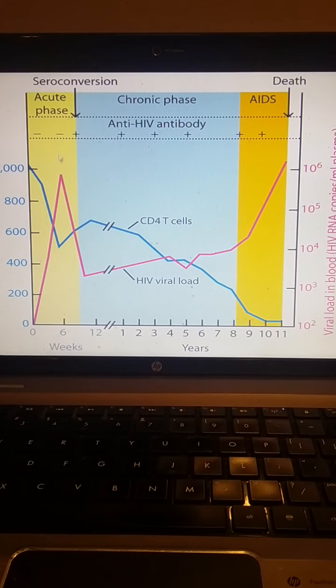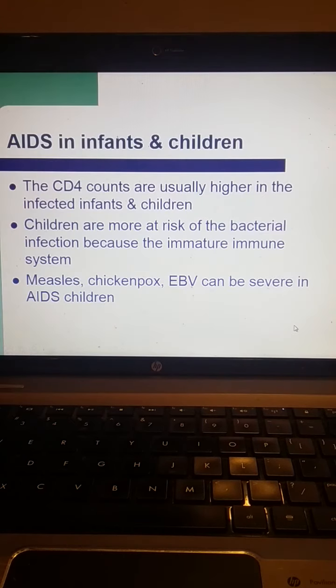We explained this, okay, in the acute phase the CD4 comes down but rises a little bit because you can still fight back, and the HIV load comes in and then decreases because it got killed by the T cells, and then slowly increases, and in the chronic phase slowly decreases until it becomes the AIDS phase. Without treatment, there will be a lot of virus and very few T cells.